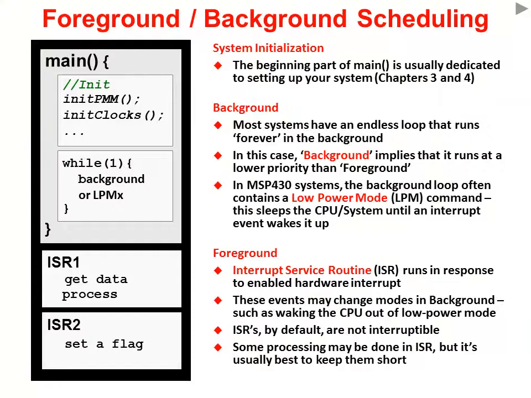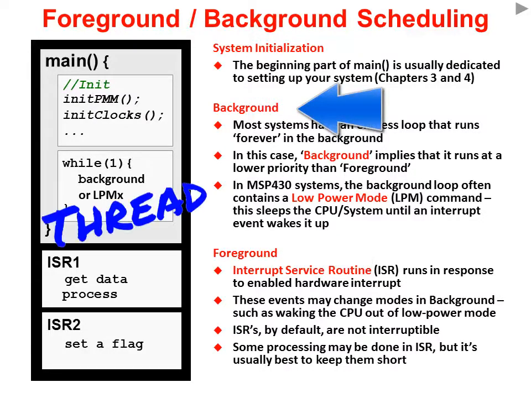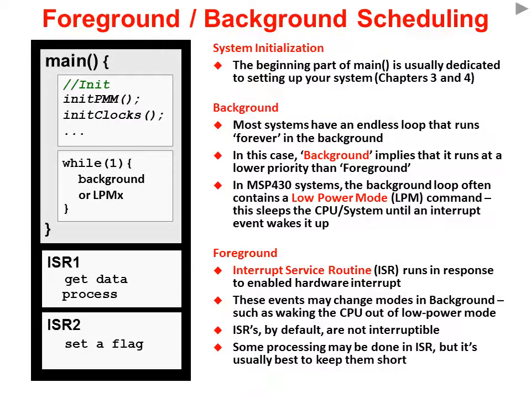We conclude our introduction to the interrupts chapter by defining a few common terms that are often used to describe interrupt-driven systems. The words foreground, background, and thread. If you look at the code below, you might see there are three individual, by that we mean independent, code segments: main, ISR1, and ISR2.